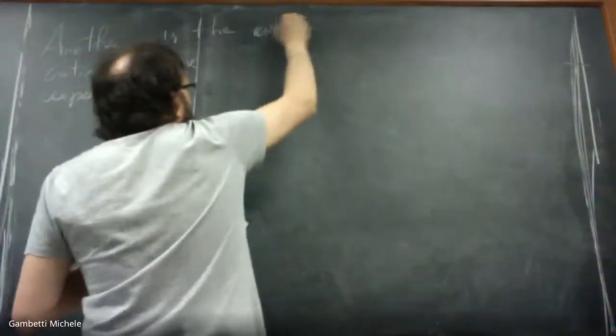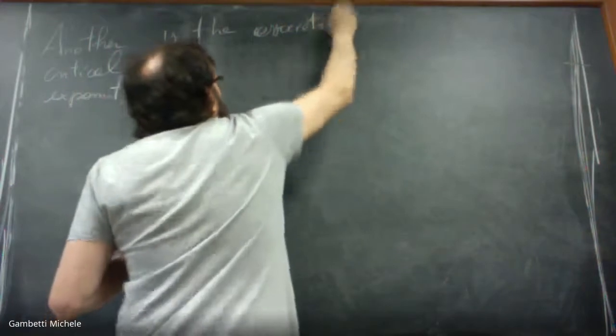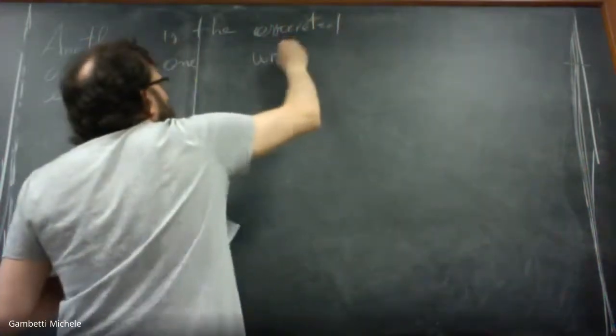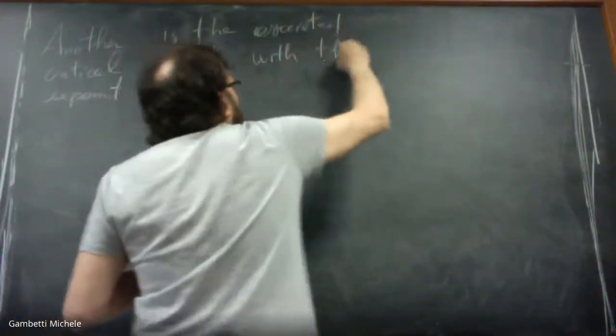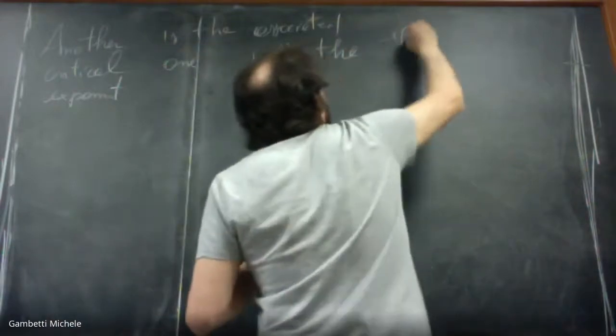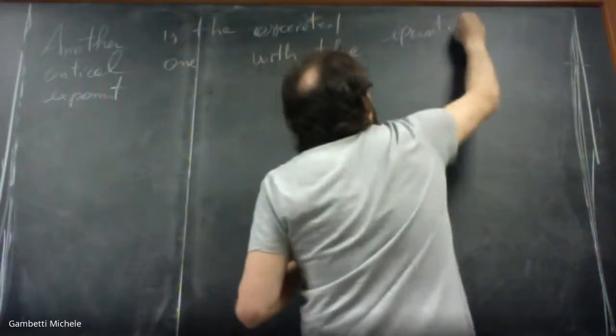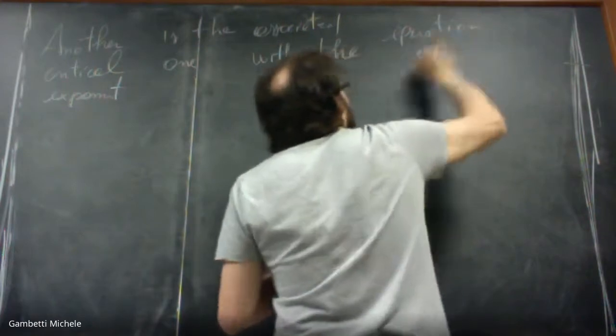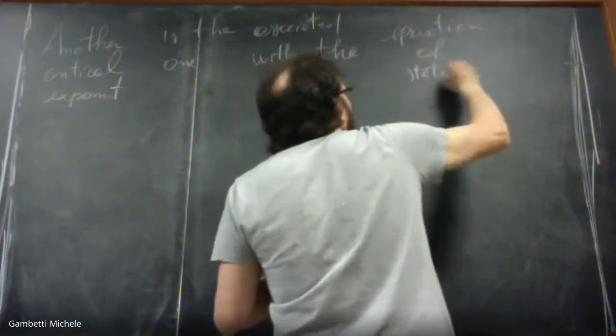Another critical exponent is the one associated with what's called the equation of state, for a reason that will be clear in a moment.